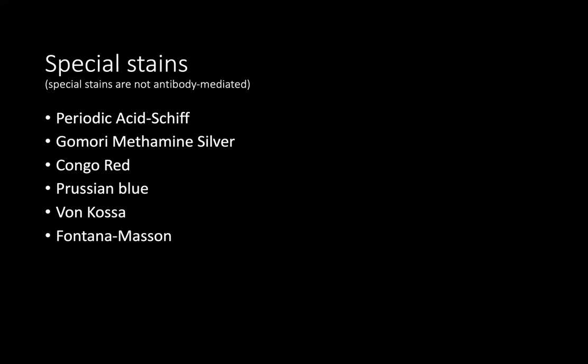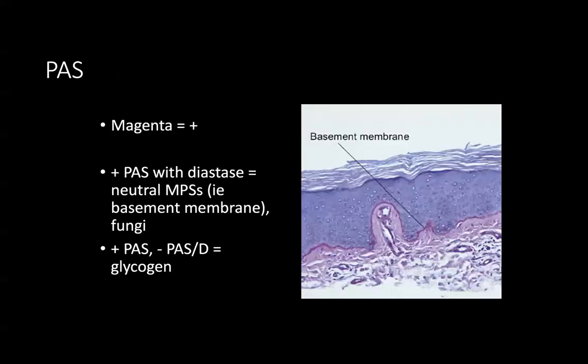Congo red will highlight amyloid deposition. Prussian blue will highlight iron. And von Kossa will highlight calcium. There's also another stain called alizarin red, which will highlight calcium. And Fontana-Masson will highlight melanin black. So we'll go over examples of these now.